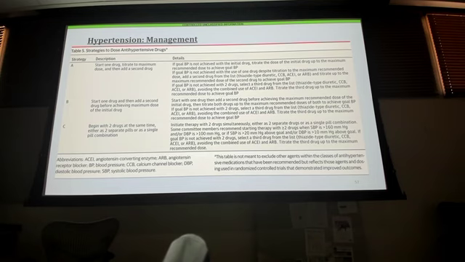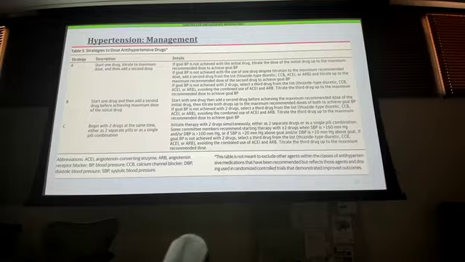The reason in my practice I don't start 2 agents at the same time is for a couple of reasons. One, if this patient's been used to having a blood pressure of 150, 160 over whatever for a while, does it make sense that the body kind of has adjusted to that as the normal blood pressure, right?